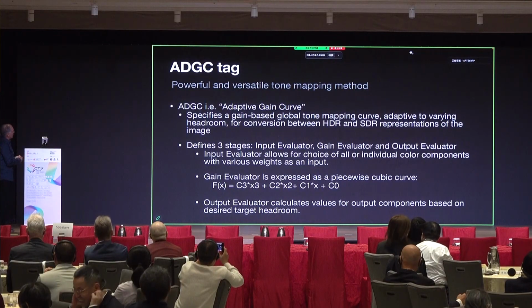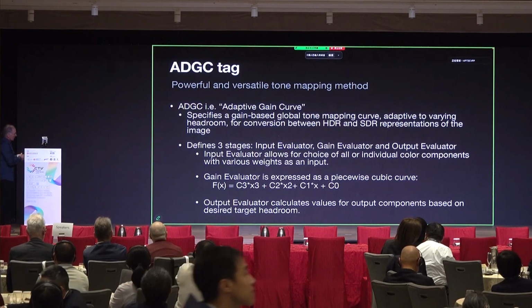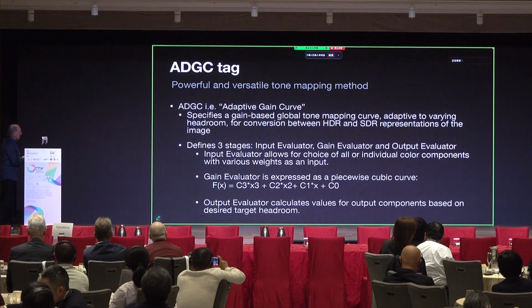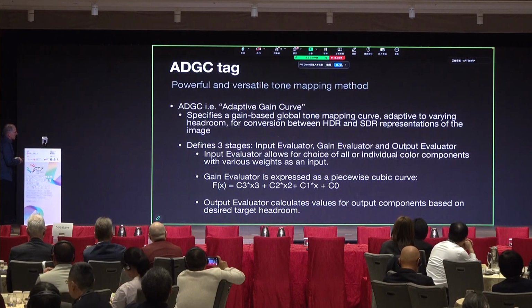We also came up with the idea of this adaptive gain curve, which is a very powerful transfer function, which in essence is a piecewise cubic curve, which allows us to approximate gain maps in one global function. Here are examples of how this adaptive gain curve looks.